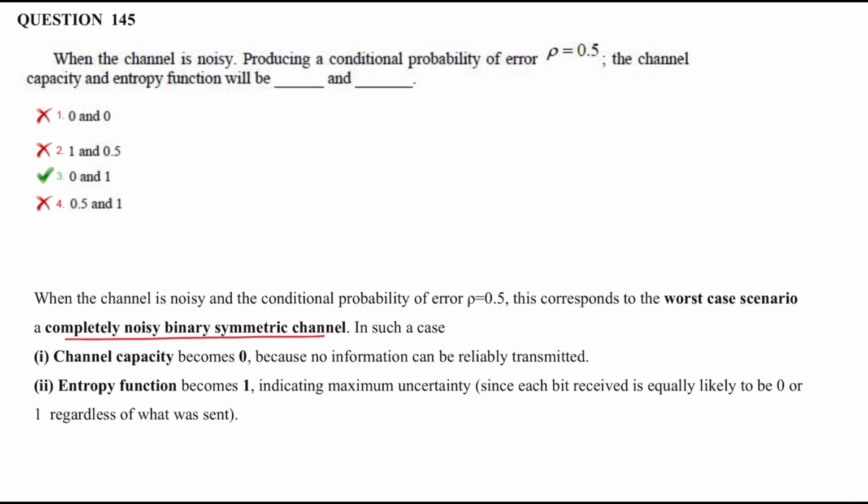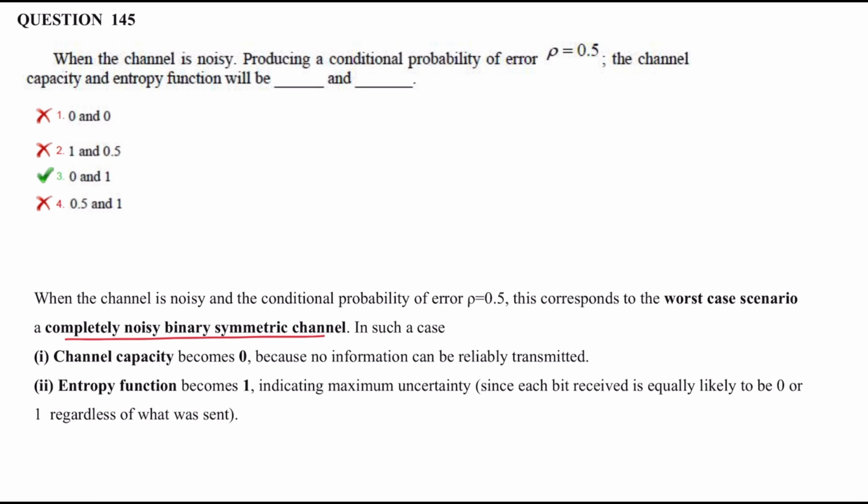In this case, channel capacity is 0 because no information can be reliably transmitted, and the entropy function is 1, indicating maximum uncertainty. Correct answer is option 3, 0 and 1.